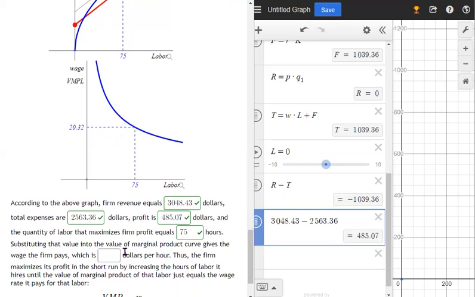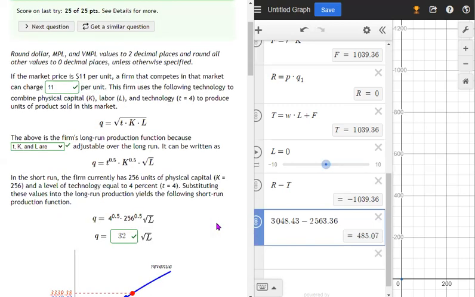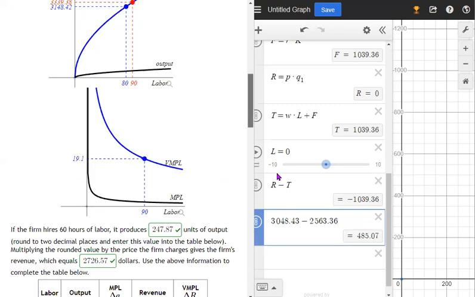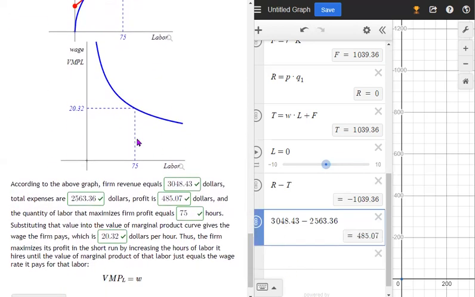Now, substituting that value into the marginal product labor curve, if I plug 75 into the value of marginal product of labor curve, the height would be at 20.32, right? The height would be at 20.32. And that's not by mistake. That's not by coincidence, right? For a given level of labor demand, if labor demand were here, firm profits are maximized.